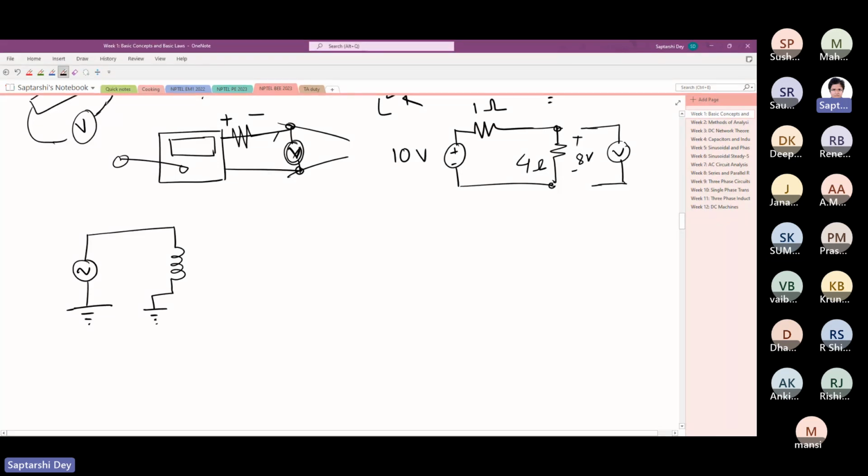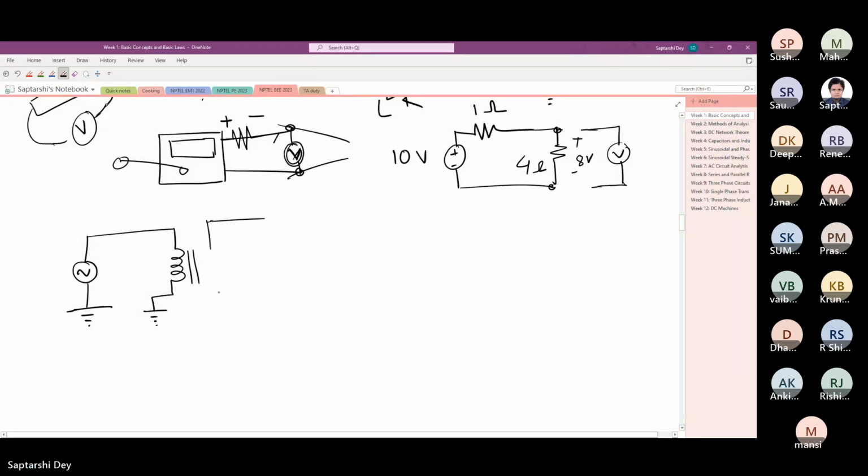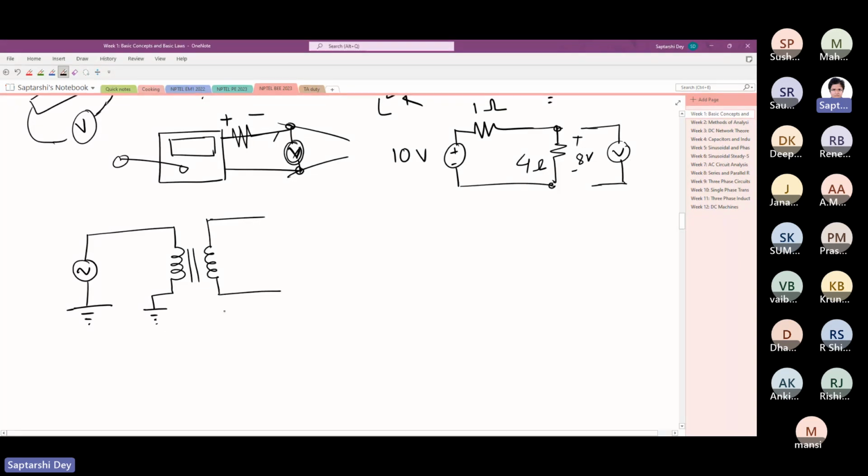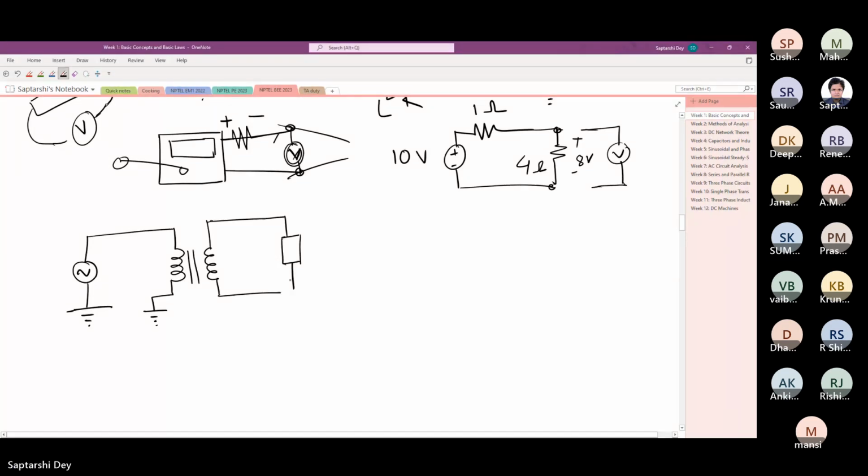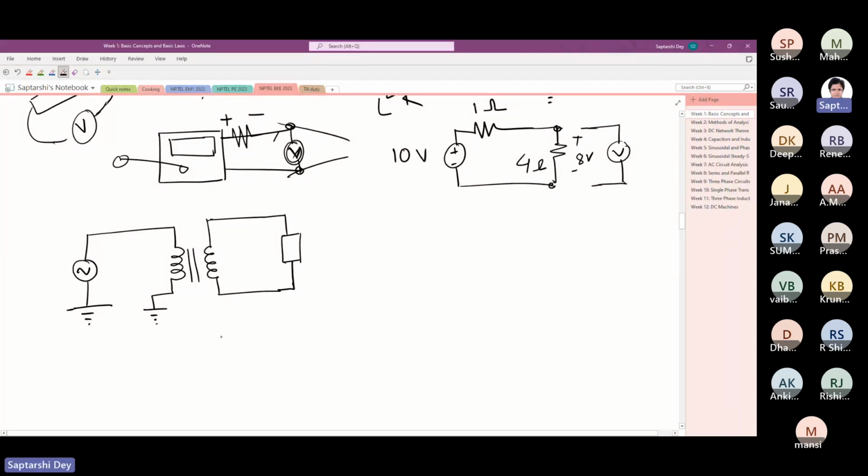So current flows, right? Now this is the other side of the transformer, and say there is some load connected to this transformer. Now one person is standing here, which is grounded. So these three grounds are at the same potential.